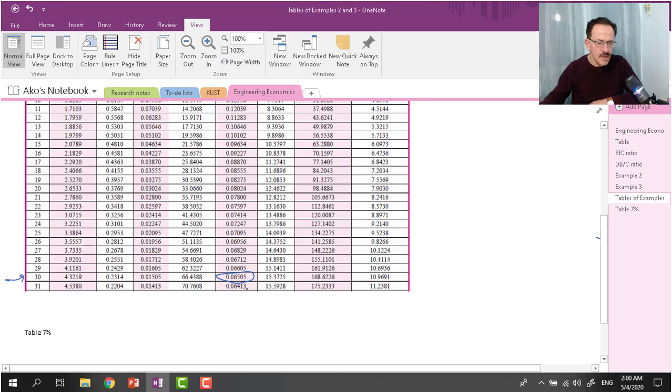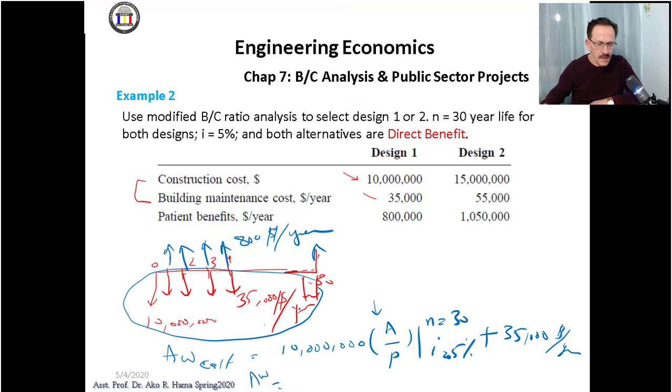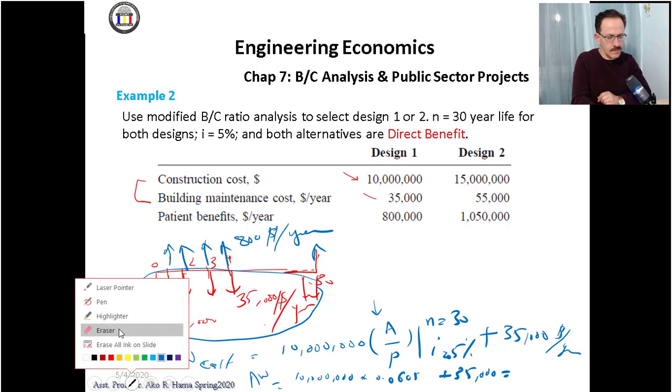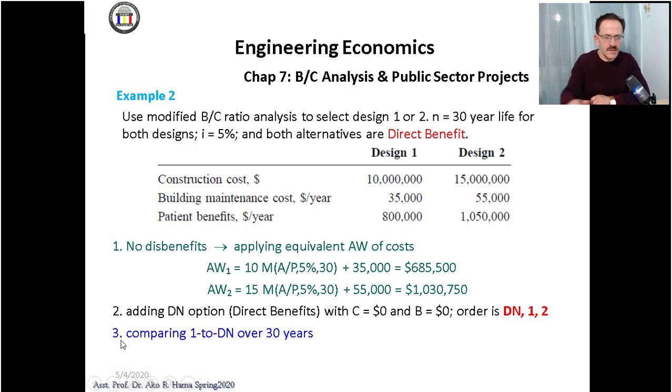So it is 0.0605. I will say it's equal to 10 million times 0.0605 plus $35,000, which will give you around $640,000, so the result is about $685,000 per year.